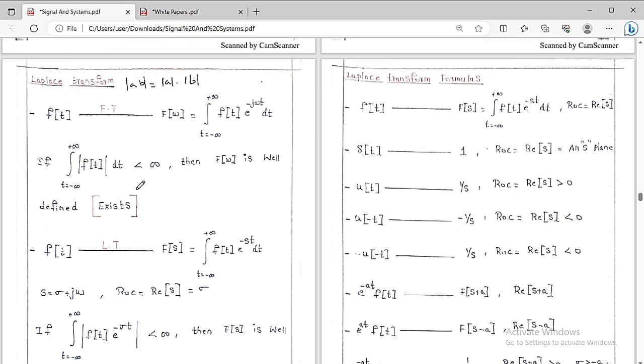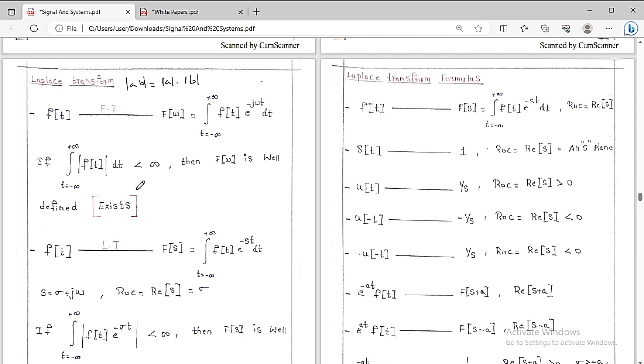So what is the meaning of this? Try to figure out the magnitude, or the absolute value, or the modulus of f of t, and then do the integration from minus infinity to plus infinity. If you are going to get a finite value, then definitely we can say that F of omega is defined for each and every value of omega, meaning omega lies from minus infinity to plus infinity.